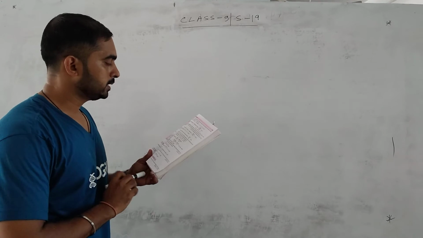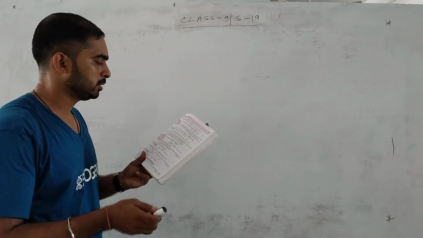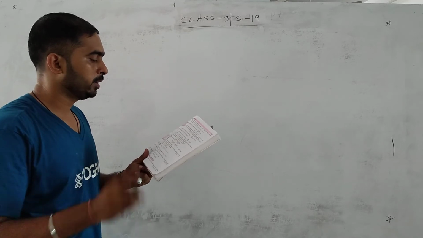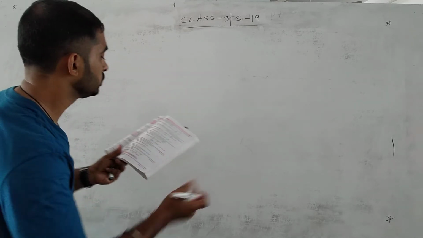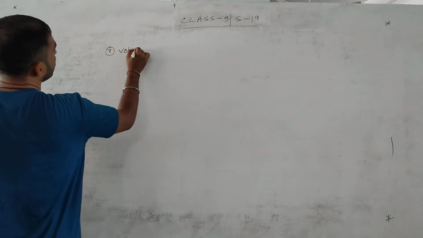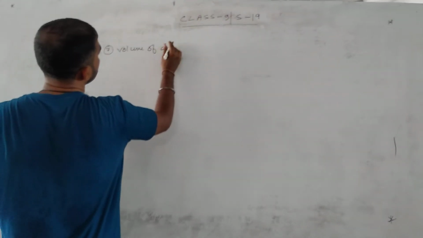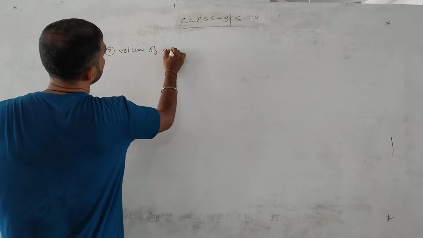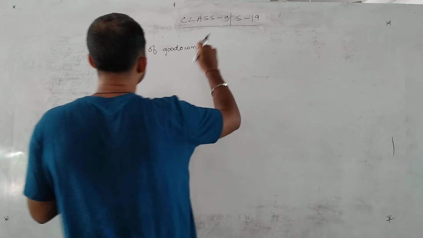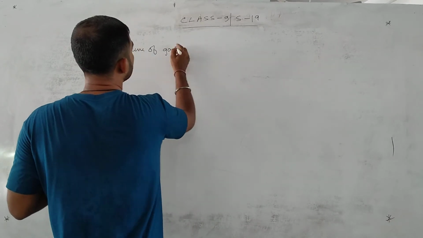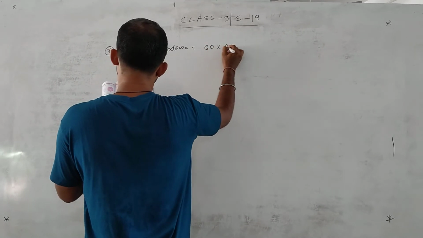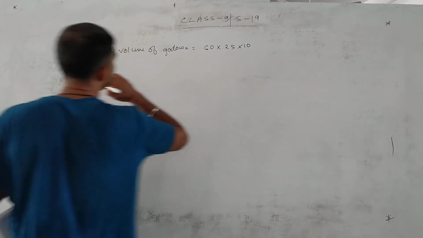Okay, the dimensions of a godown are given and the dimensions of one wooden crate are given. How many wooden crates can be stored in the godown? So here, first the volume of the godown equals 60 into 25 into 10.